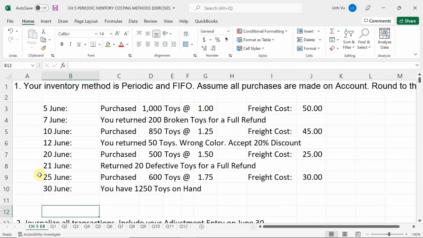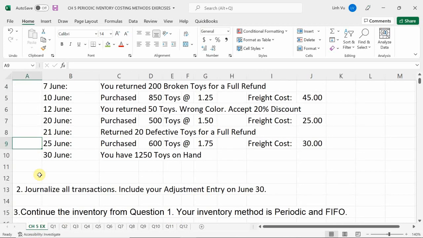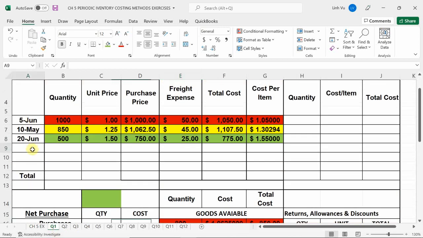Last purchase of June here was a purchase of 600 toys at $1.75 with a freight of $30. So the last purchase was on June 25th for 600 units at $1.75 with a freight of $30.